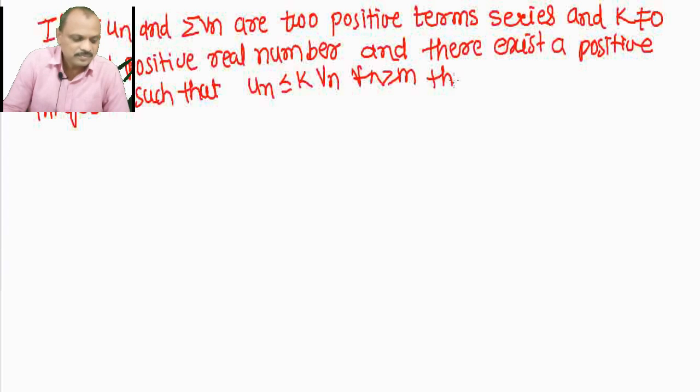Then, number one part: if summation vn is convergent, then summation un is convergent.